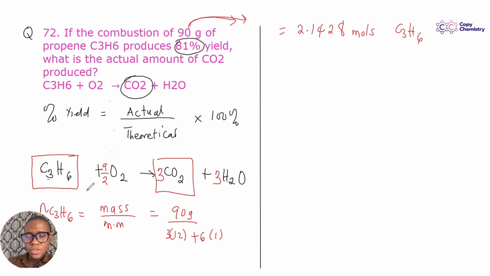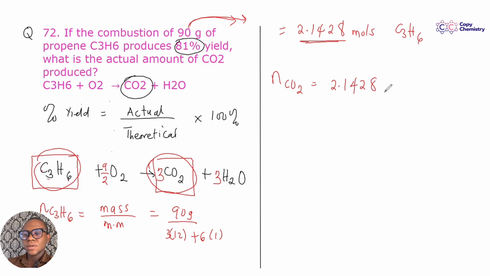So by proportion, since 1 mole of this produces 3 moles of CO2, it just means that if I have this number of moles of propene, then the number of moles of CO2 that should be generated will be multiplied by 3. So number of moles of CO2 will then be this number, 2.1428, multiplied by 3.